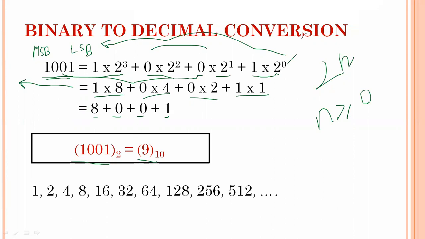Clear? Or you can simply say that from right to left we multiply with 1, 2, then 4, then 8, then 16, 32. This is the actual value of 2 raised to power n. Clear?